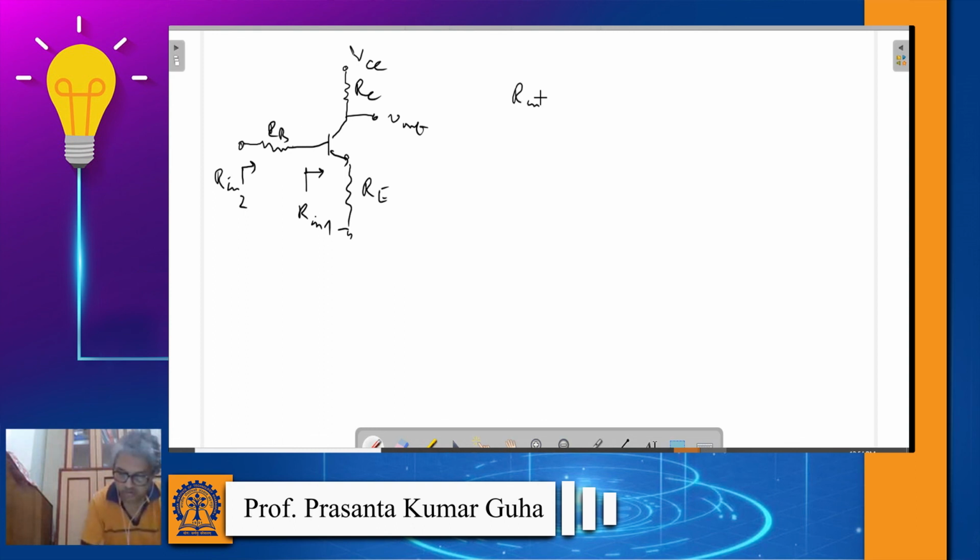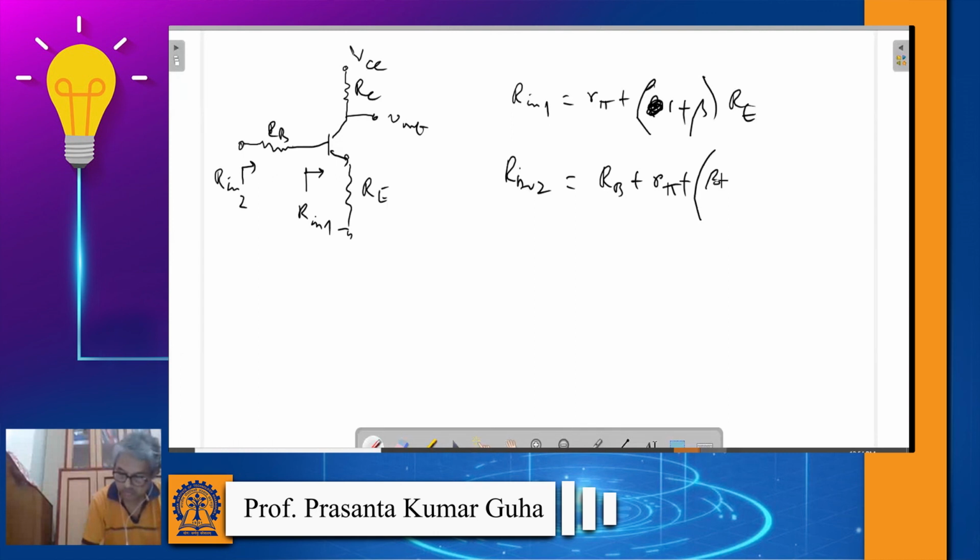So R in 1 we already know, R pi plus 1 plus beta RE. And then R in 2, which is the complete input impedance of that circuit, will be beta plus 1 RE. So your input impedance will be a little bit higher because of the RB, and of course your output impedance will be the same as RC.